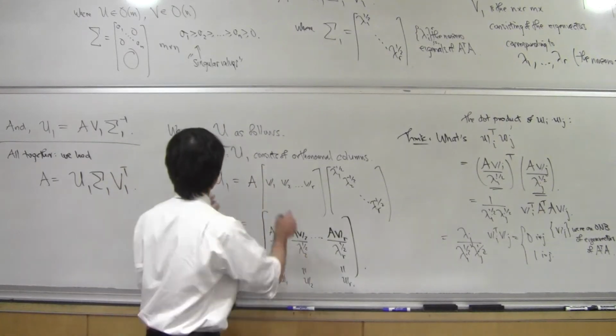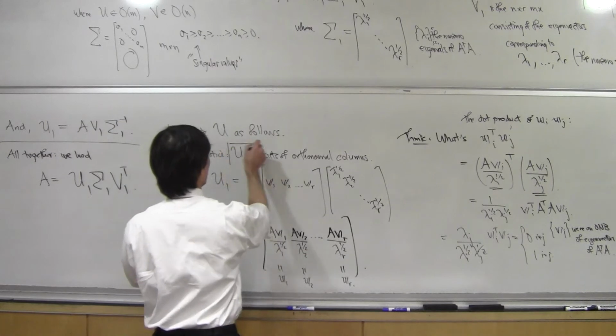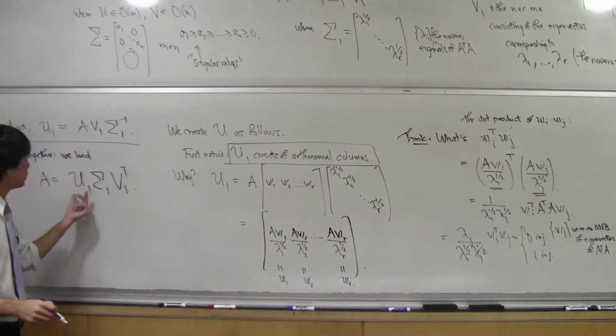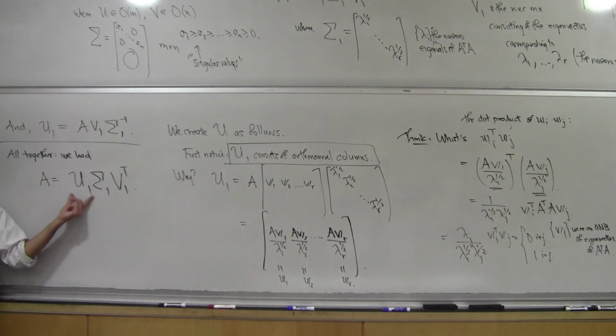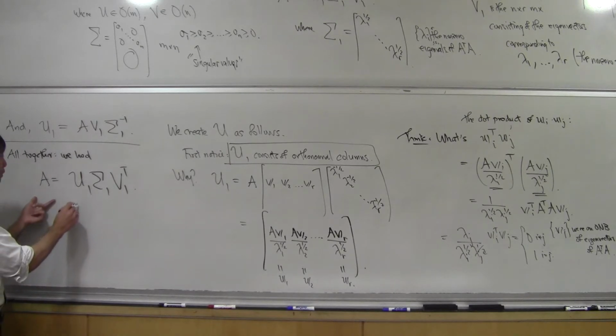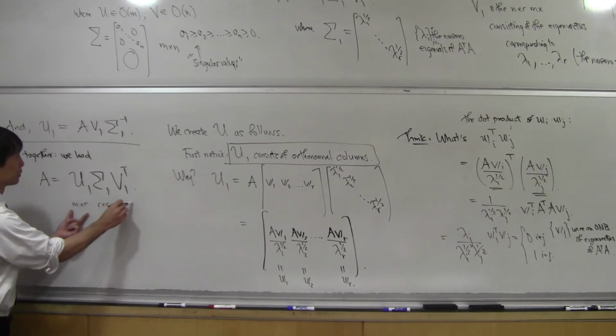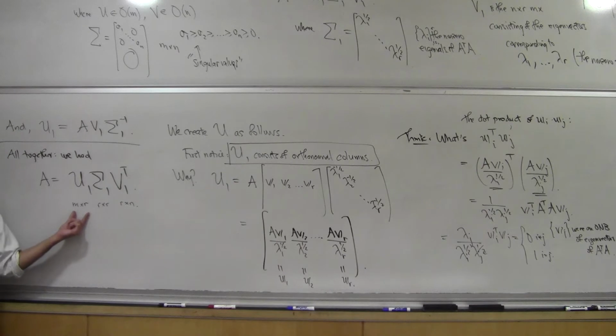So that's what we've just shown: that U1 consists of orthonormal columns, which is good because we wanted an orthogonal matrix over here. Right now, what we have is an M by R matrix, but at least the columns are orthonormal.